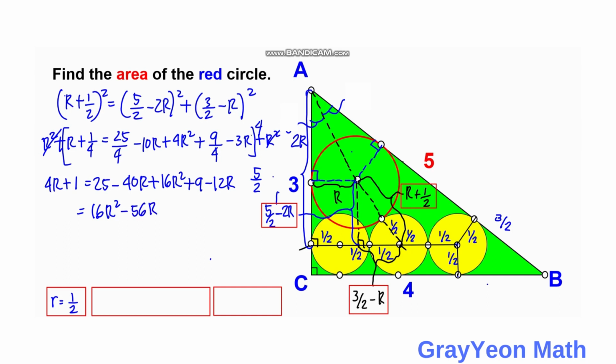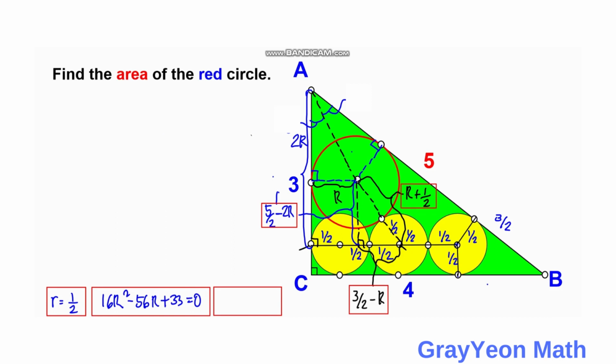And we have here 25 plus 9 is 34 minus 1 is positive 33, is equal to 0. So this will be 16r squared minus 56r plus 33 is equal to 0.